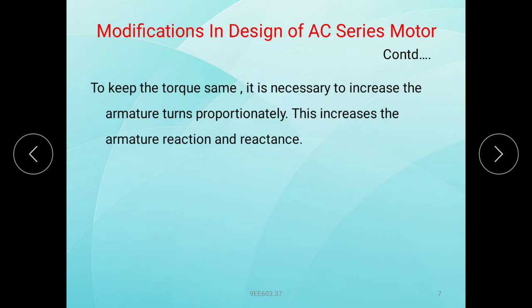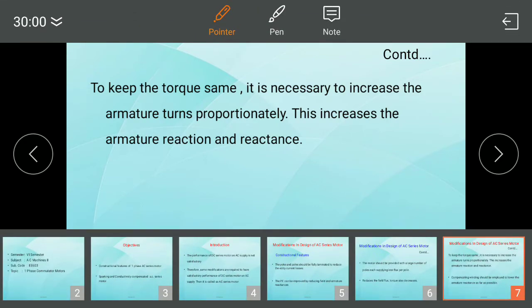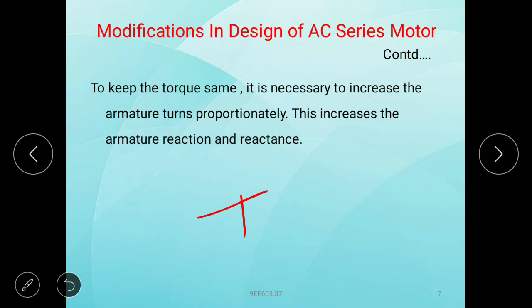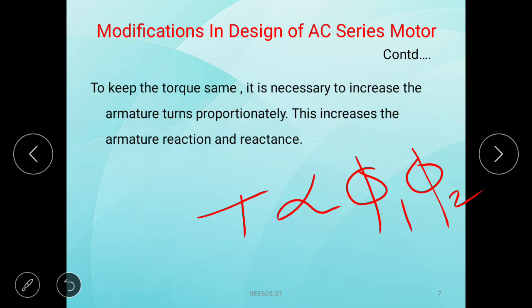Generally, the torque is proportional to phi 1 phi 2, where phi 1 is the armature flux and phi 2 is the field flux.